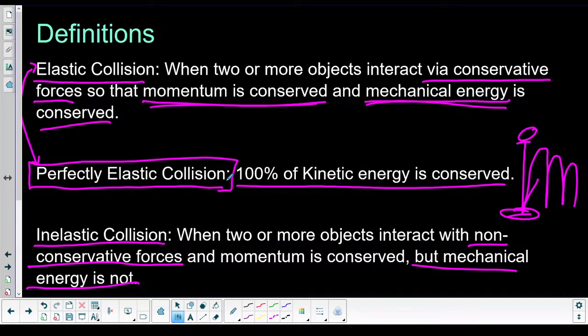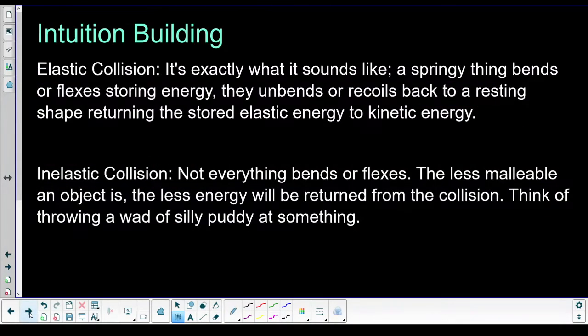Okay, so let's give you maybe a more intuitive idea about what we're talking about here. For elastic collisions, it's exactly what it sounds like. Elastic means we have a springy thing, and I'll leave that up to your imagination, that bends and flexes, storing energy. This shouldn't say they.